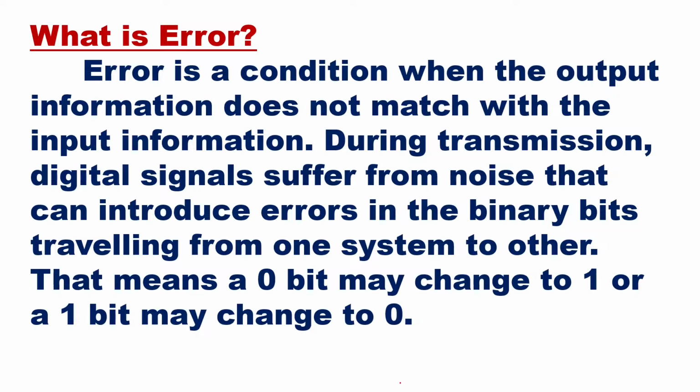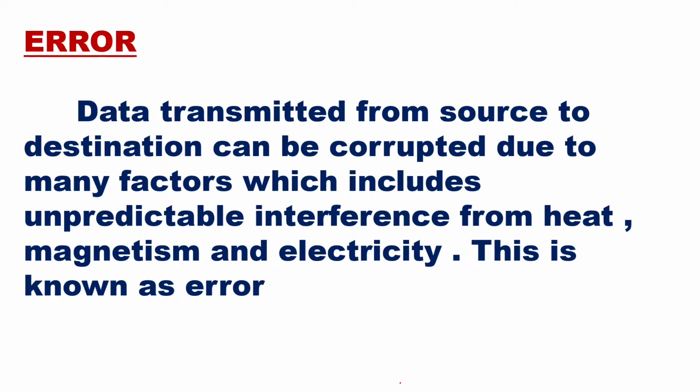Similarly, if you see a more complete definition of error in communication, data transmitted from source to destination can be corrupted due to many factors, which include unpredictable interference. It is not predicted.